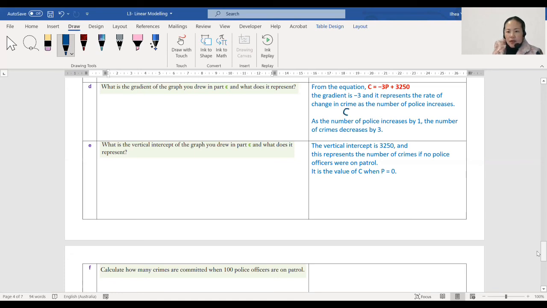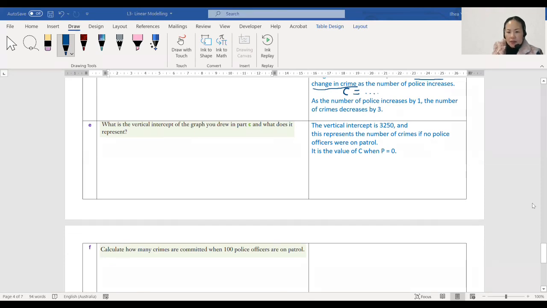That's why it was C equals something. So it represents the rate of change in C as the number of police increases. As the number of police increases by 1, the number of crimes decreases by 3.